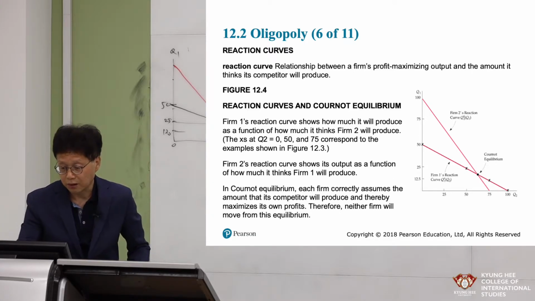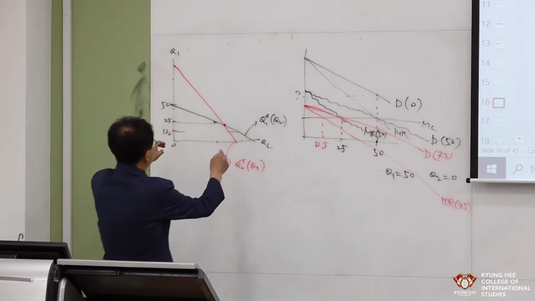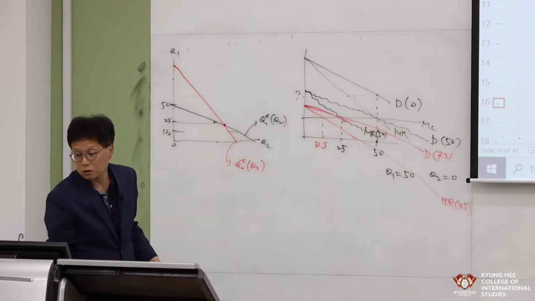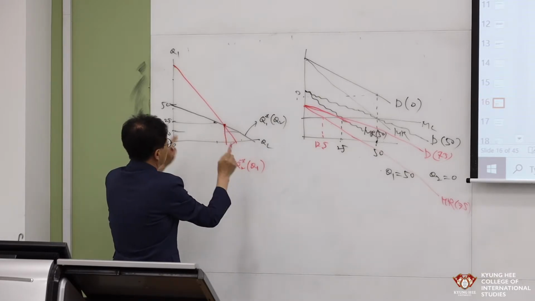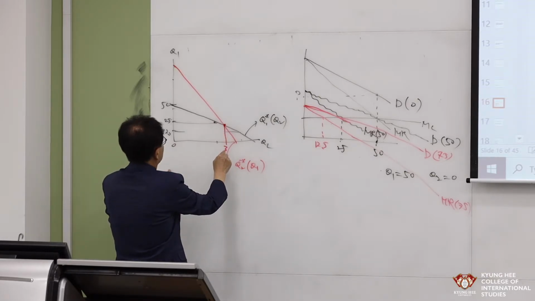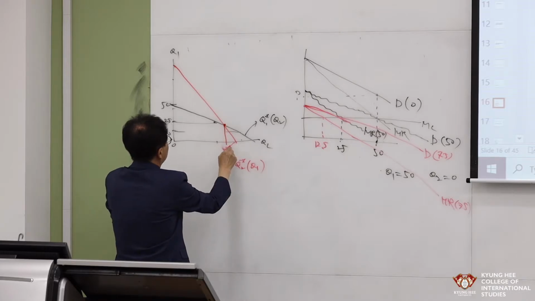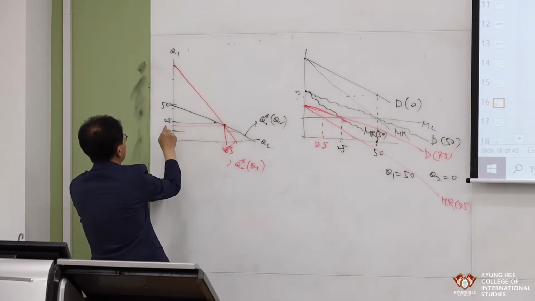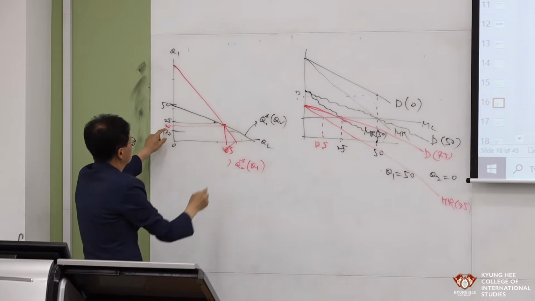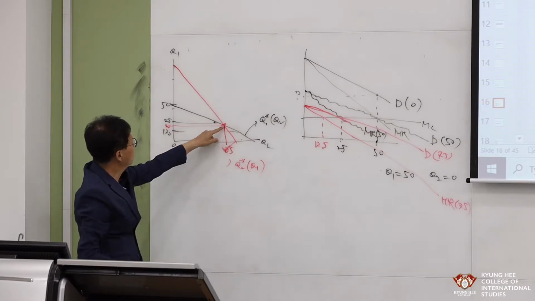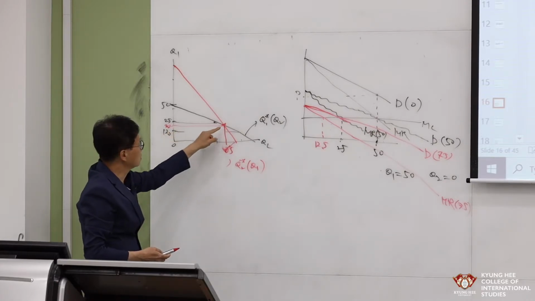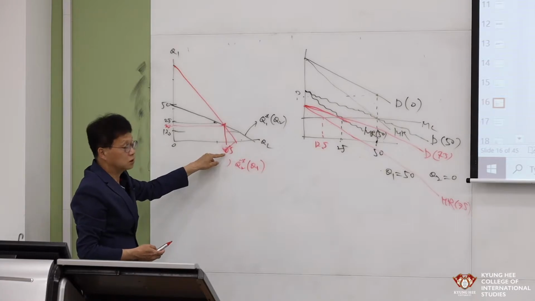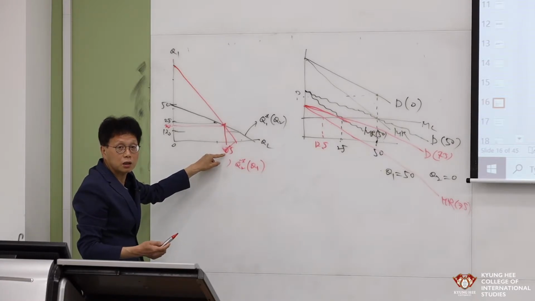So look at this again. I don't know the numbers, but maybe this is, for example, 65, and that is, for example, 20. That is the Cournot equilibrium. Firm 1's profit maximizing quantity is 20 under the assumption that Q2 produces 65.